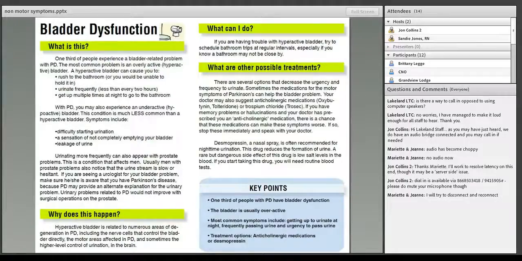Including nocturia, one of the most frequent ones, where people have to get up to go to the washroom. Frequency, and urinary retention, of course, a big red flag for people in general, but certainly for people with Parkinson's.